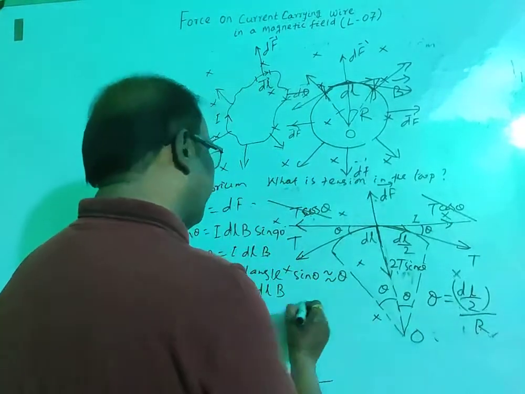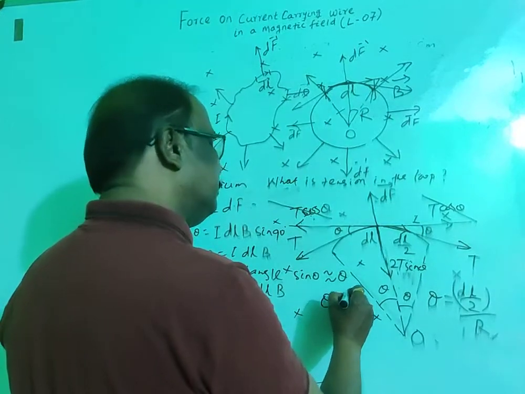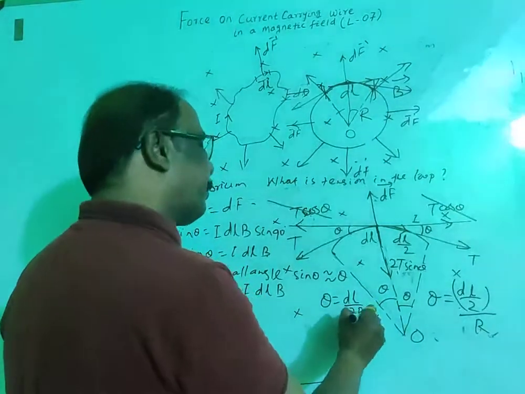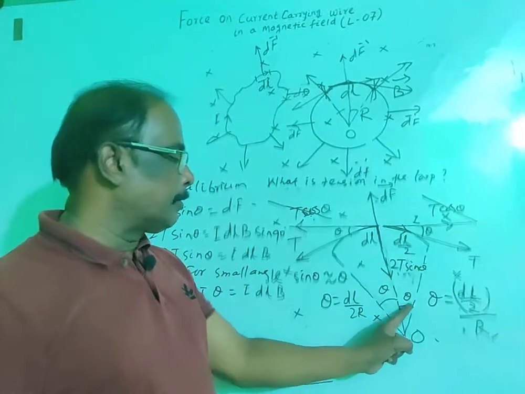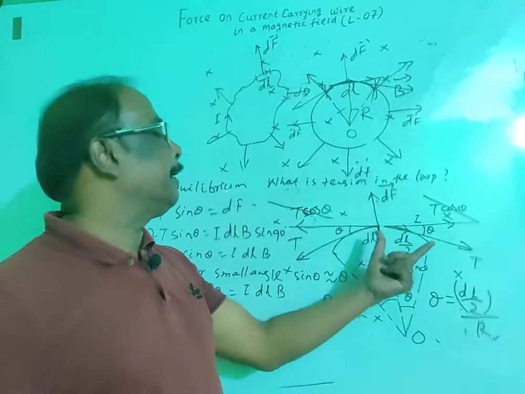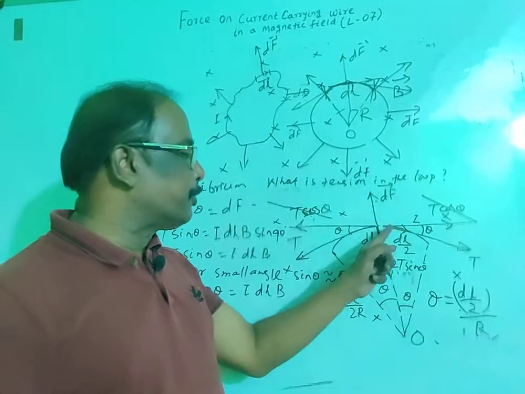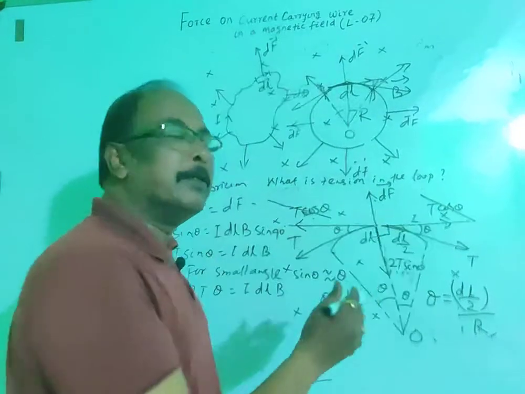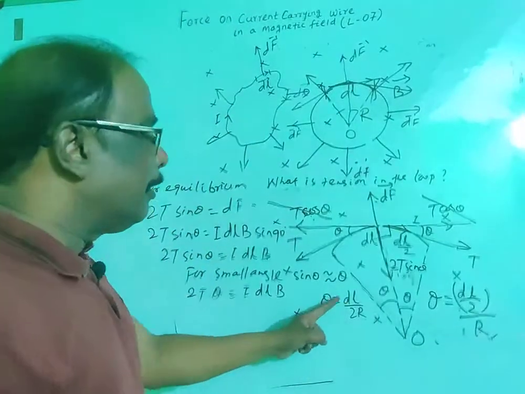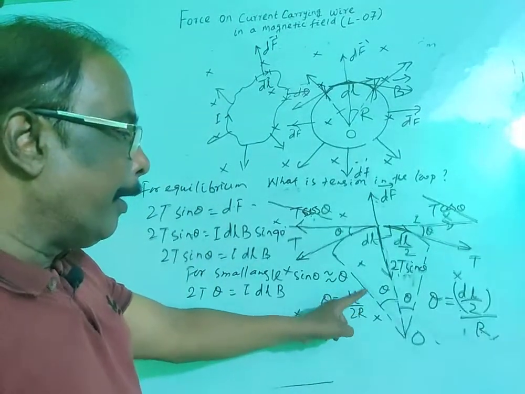I am writing here, theta is equal to dl by 2r. This part is dl by 2, the radius is r, and this is sin theta. Sin theta may be taken as perpendicular upon base. If this is very small, then this will be perpendicular, this angle is 90 degrees, very simple. Then theta is equal to dl by 2r.